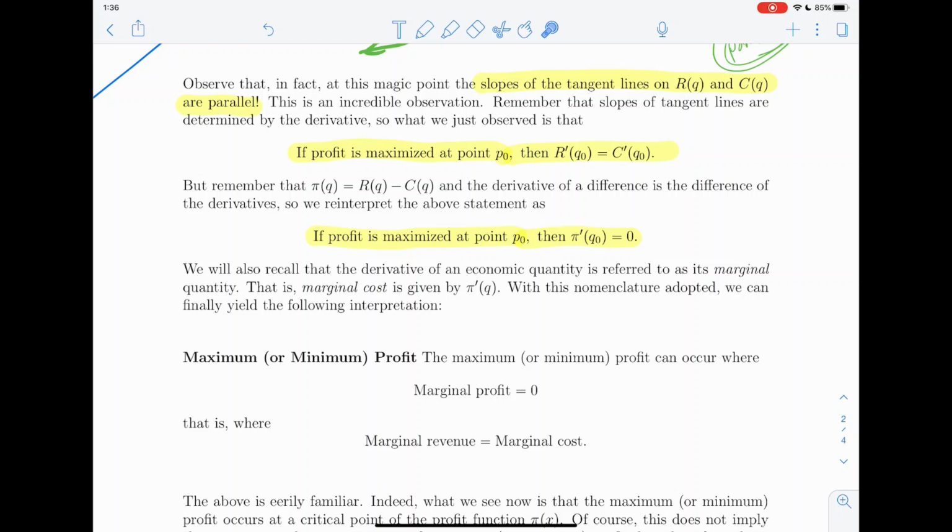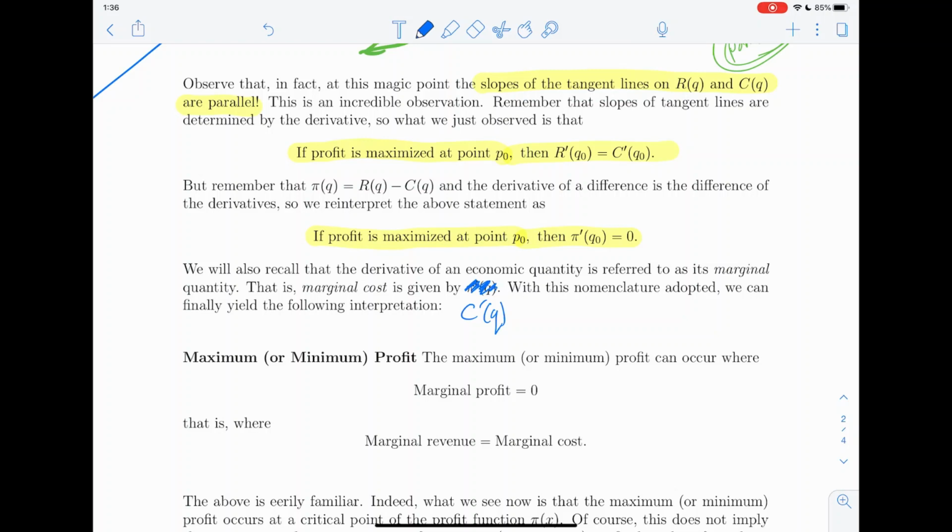So for example, if pi is representing profit, then marginal profit would be pi prime of q. Or there must be a typo here. Let's go ahead and fix this. What we might say is that marginal cost would be c prime of q, to make that consistent.